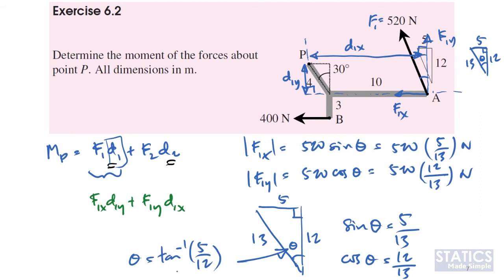You can do that, but for me, it's a waste of time, because you can calculate directly the value of sine theta and cos theta based on the given triangle. We don't require the value of theta, but we do require the value of sine theta and cos theta to determine the component of F1 along X and Y. So that's why I don't bother to calculate the value of theta.